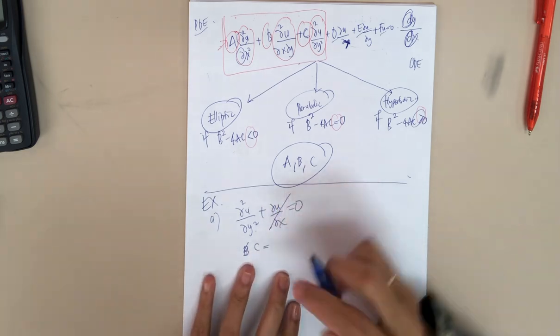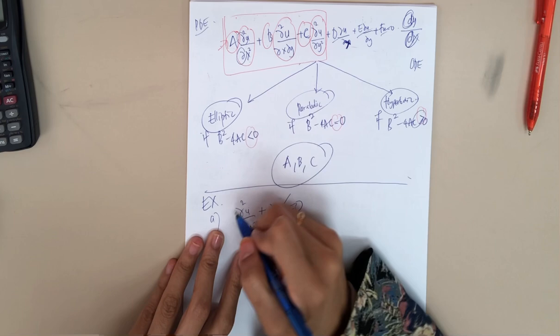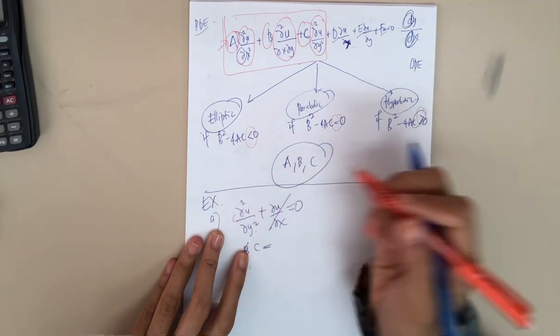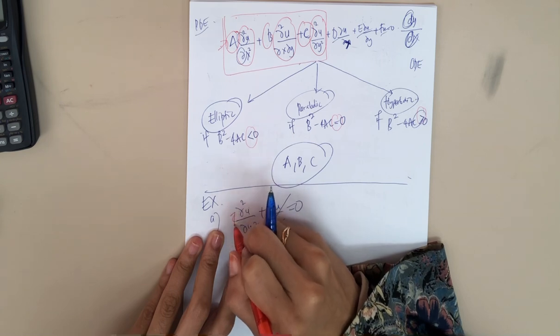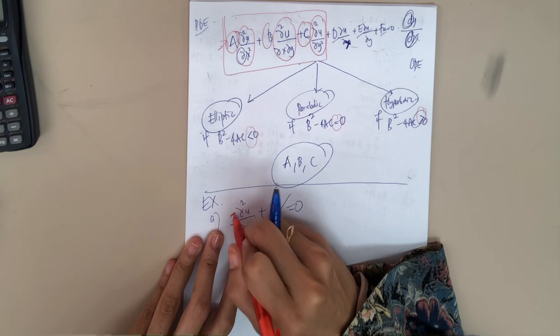So what's the value for C? Compare, class. In front of d square u dy square, you know this is C, but in front here there is nothing, right? But it's not nothing, it's equal to 1.